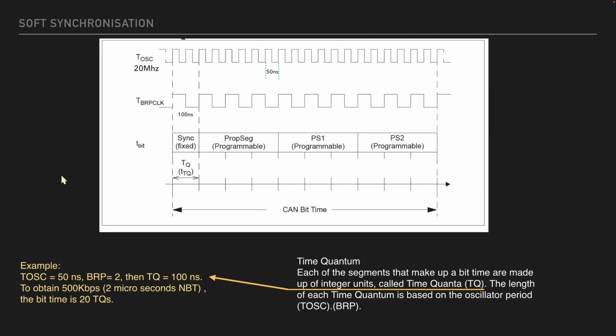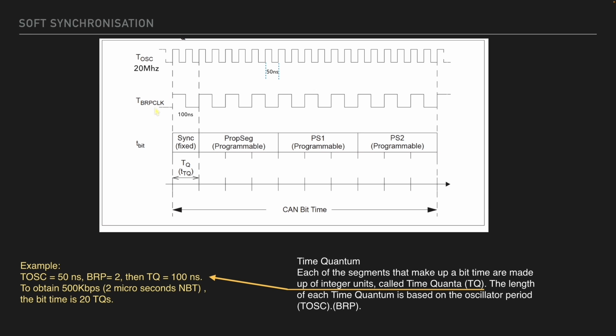Now we need to talk about the time quantum. We know that our CAN controllers all have an oscillator, and let's assume it runs at 20 megahertz, or has a period of 50 nanoseconds. We know that our CAN bit time for the moment is 2 microseconds because we selected a 500 kilobits CAN bus. So we're going to divide the oscillator clock by what we call a baud rate prescaler.